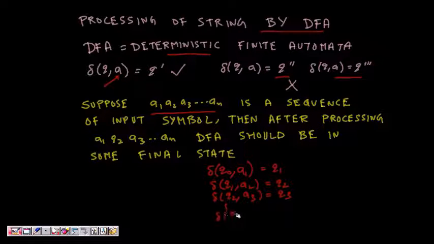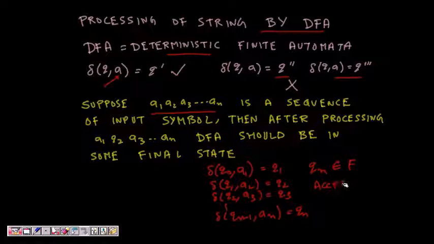Let's say we are in Qn minus 1, we see AN, and then we go to Qn. If your Qn belongs to the final states, then the string is accepted. If Qn does not belong to the final states, then it is rejected.